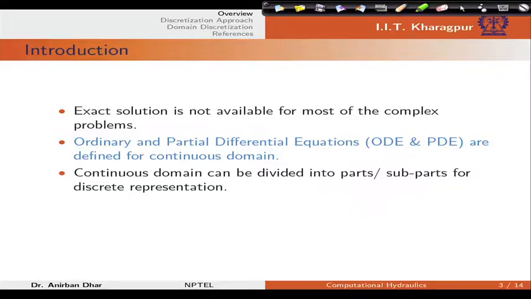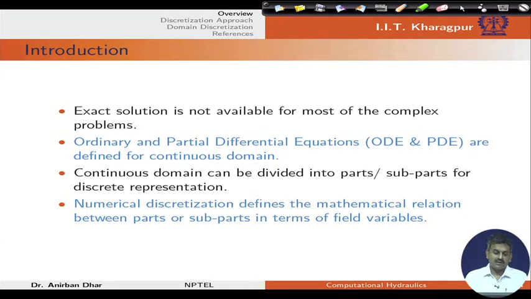So, we can divide into equal parts, or the size of parts can be different, and depending on the requirement we can change this division pattern and we can solve the problem.